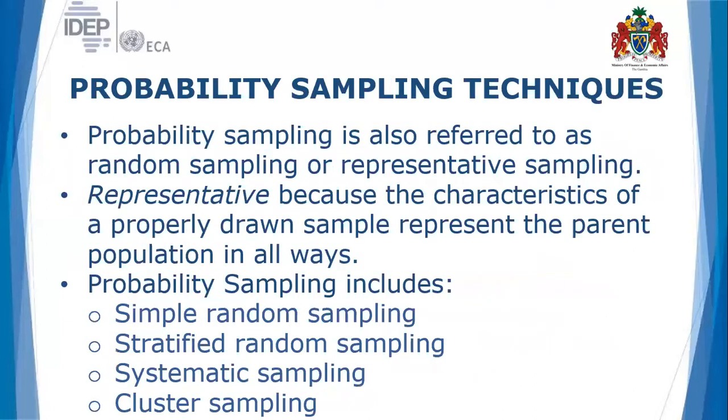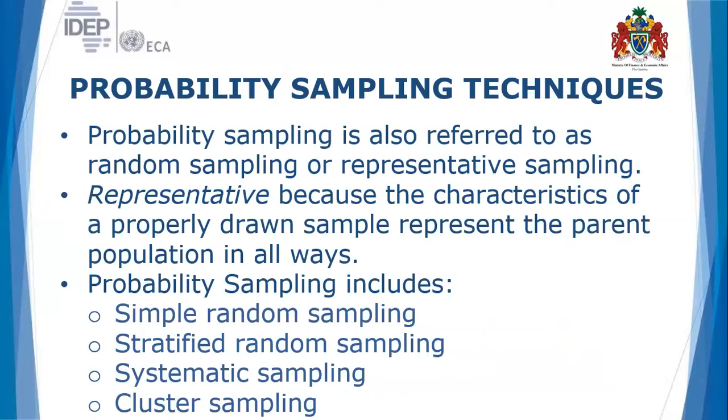Having looked at that, let's move on to probability sampling techniques. We may recall that probability sampling is also referred to as random sampling or representative sampling. Why representative? Because the characteristics of a properly drawn sample represent the parent population from which it was drawn in all ways.